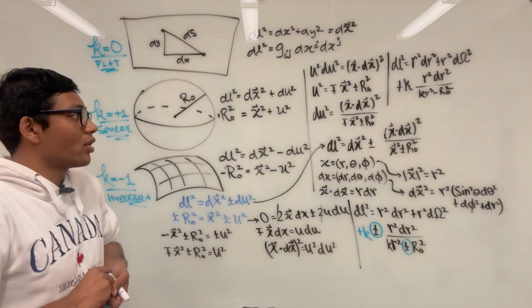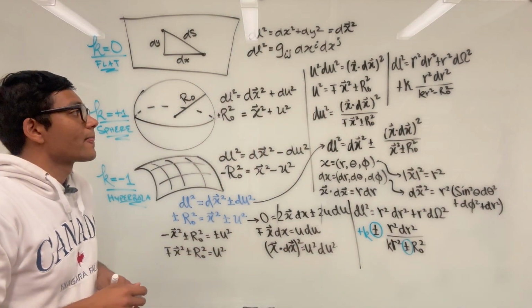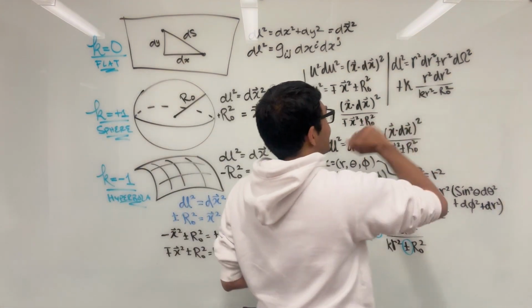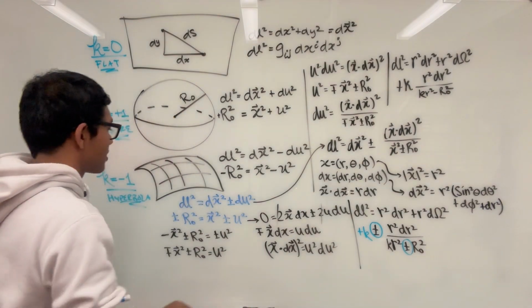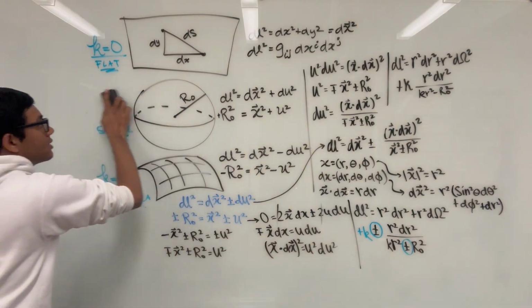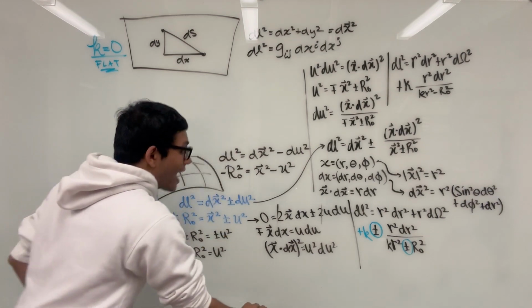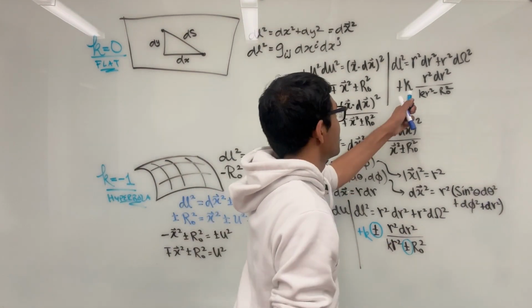Okay, so now we're almost there. Now what we have to do is some fishing around with the signs here. So let's take a look. Let me erase some of the previous equations, and let's try to extract our equation from here.